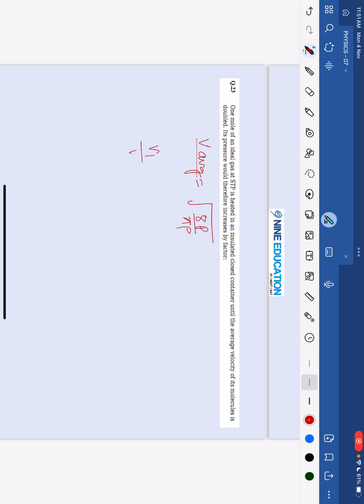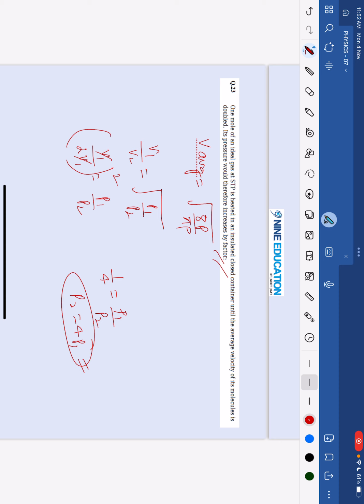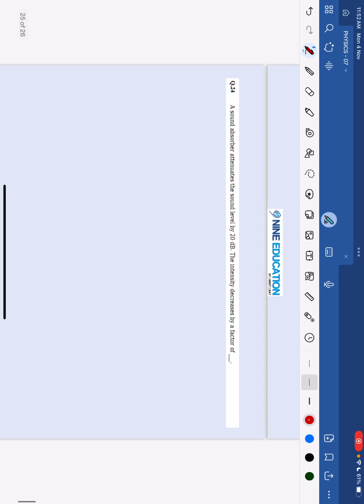So V1 by V2 equals root of T1 by T2. So V1 by 2V1 equals root T1 by T2. Let's square it, correct? So it is going to become 1 by 4 equals T1 by T2. T2 is going to become 4 times T1. So it increases by a factor of 4.